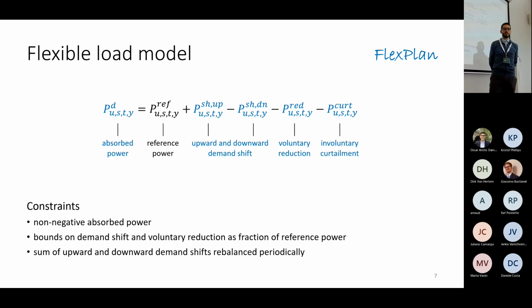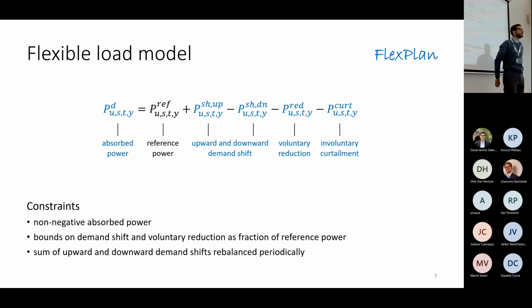There are also some bounds on the maximum allowed values for demand shift and voluntary reductions. And then the last constraint is that the sum of upward and downward demand shift is rebalanced periodically, for instance, every 24 hours or like that.